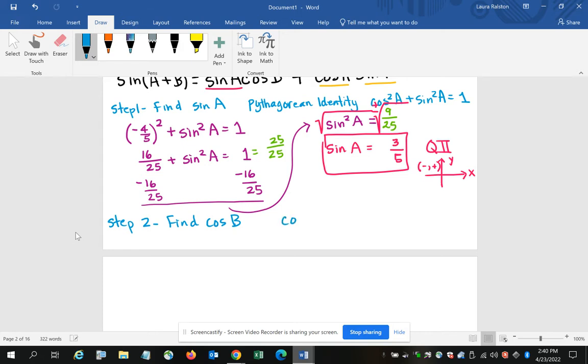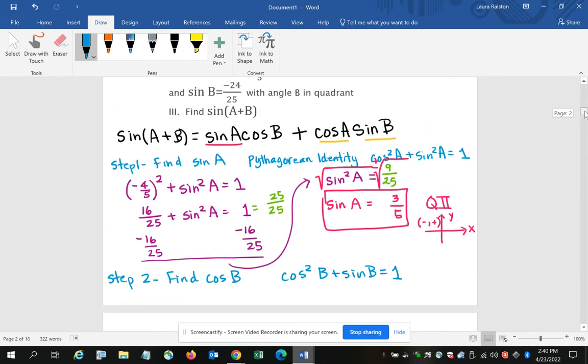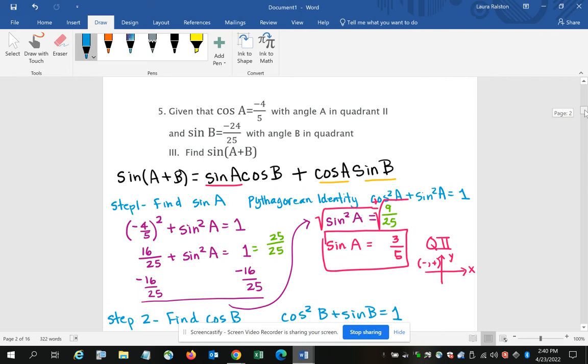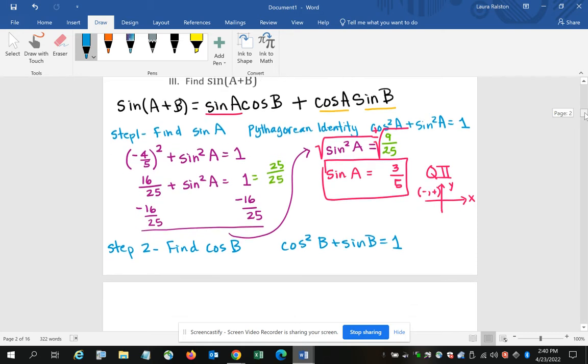I'm going to use cosine squared B plus sine squared B equals 1. I'm going to use that Pythagorean identity. I'm told in the original problem that sine B is negative 24/25 and B is in quadrant 3.